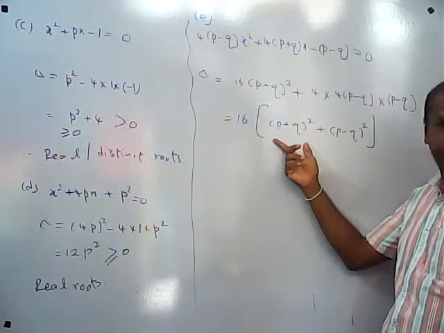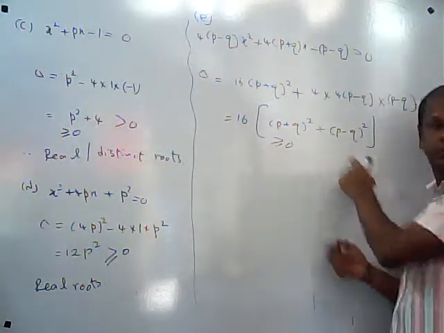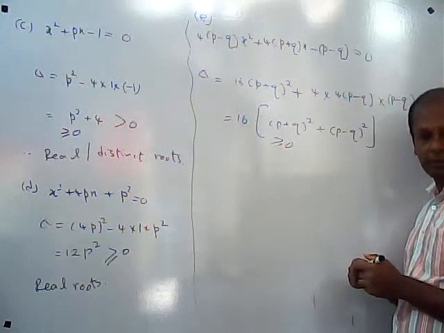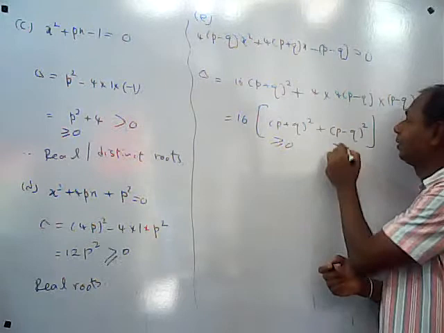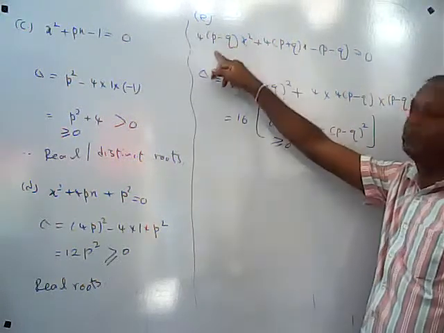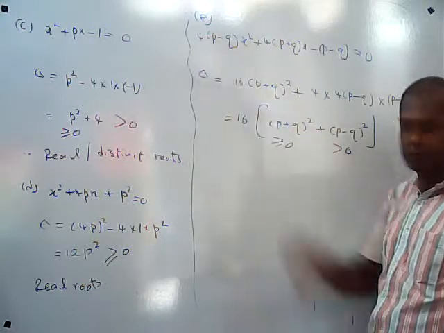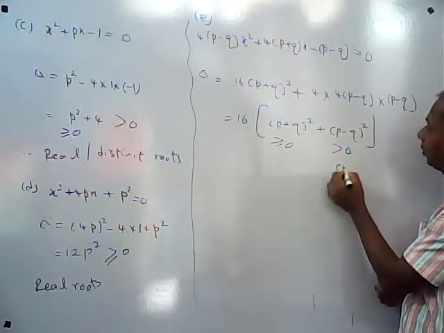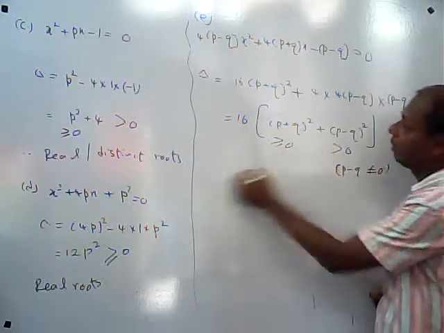Greater than or equal to 0. Then what about p minus q squared? It is only greater than 0. Why is that? Because p minus q is the coefficient of x squared, it cannot be equal to 0.